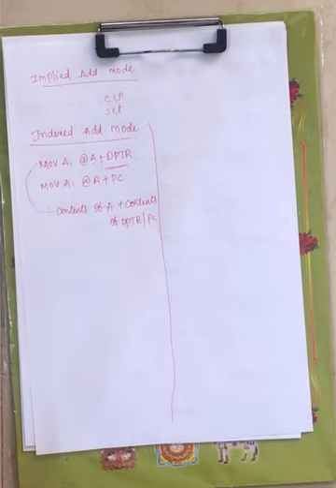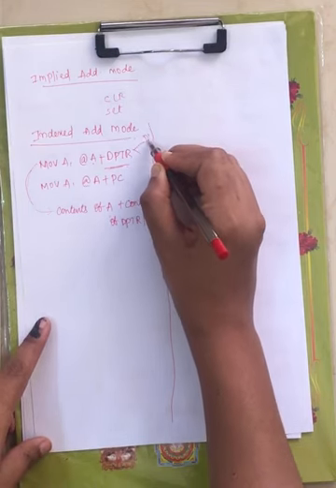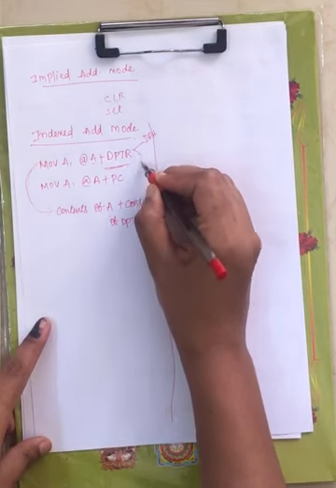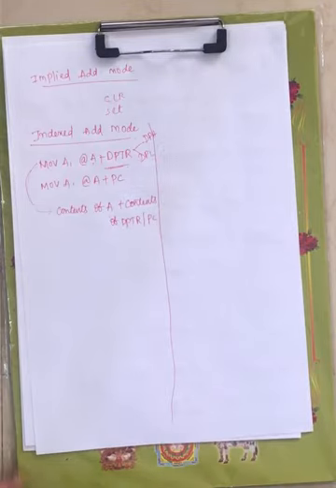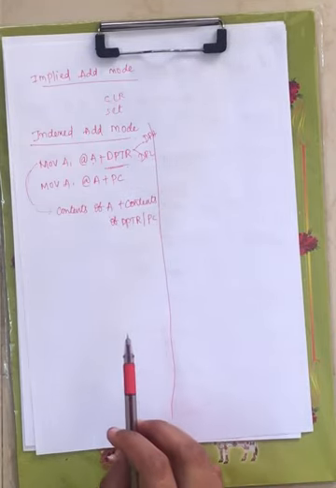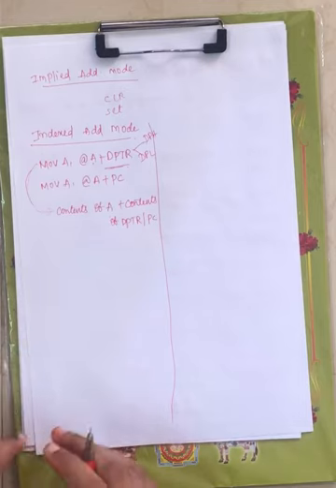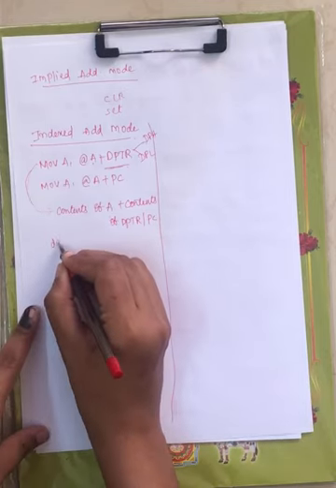A will store some data, and that data is added with the 16-bit data. DPTR is available in 2 forms, that is DPH and DPL, higher byte and lower byte. After adding you will get some data.